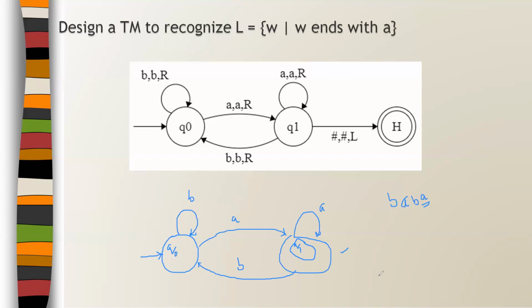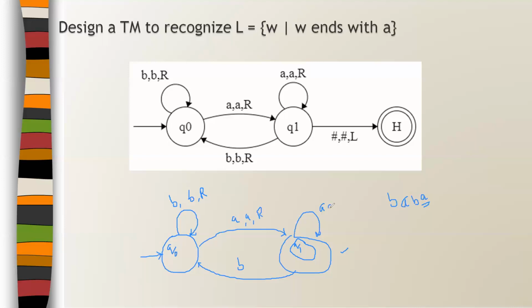So there are three components that you must specify. Simply, B is read from the tape, we are not required to convert B into any symbol, so B is written unchanged, and the direction is right, meaning we read the next symbol. On getting A, A is read, A is written, and the direction is again right.